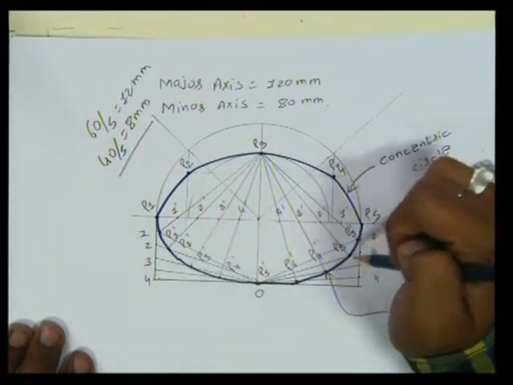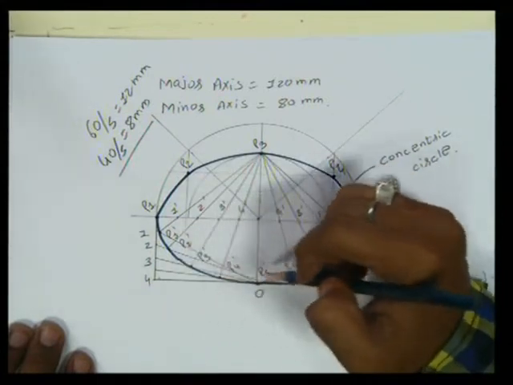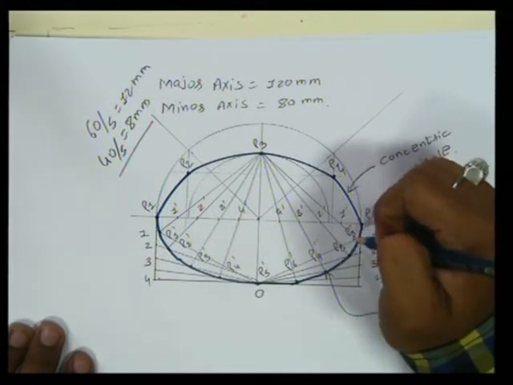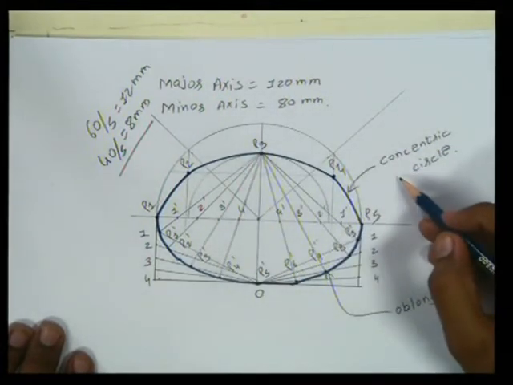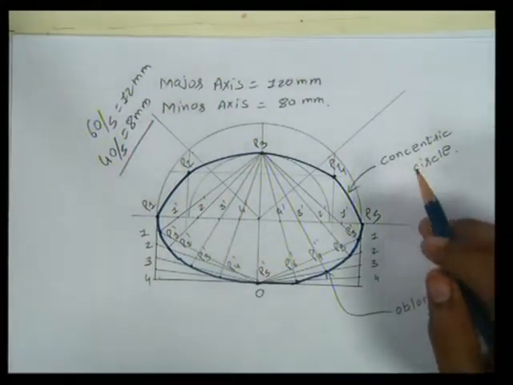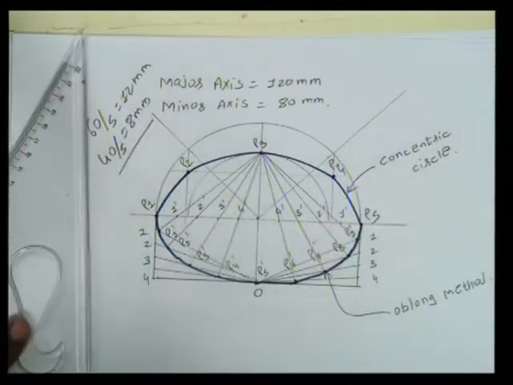We have got points, we have marked those points, and you can draw the ellipse either by French curve or you can draw manually. But don't forget to mention the methods, as well as you need to give dimensioning for better understanding.